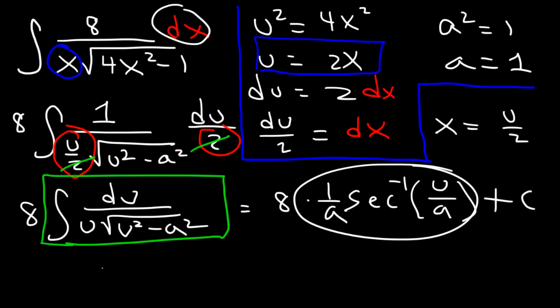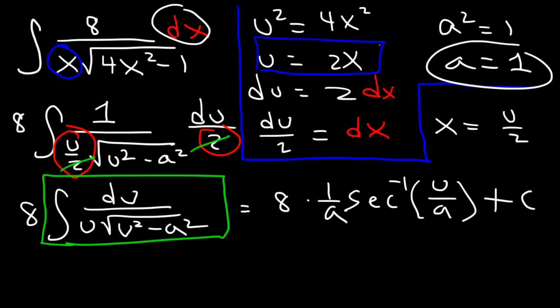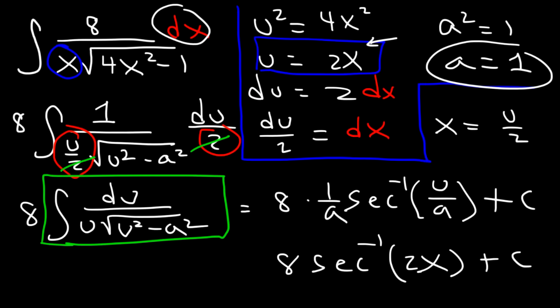So here's the formula. And now all we need to do is replace a and u. So a is 1. 8 over 1 is just going to be 8. And then arcsecant u over a, or 2x over 1, which is just 2x, plus c. And so this is the solution.